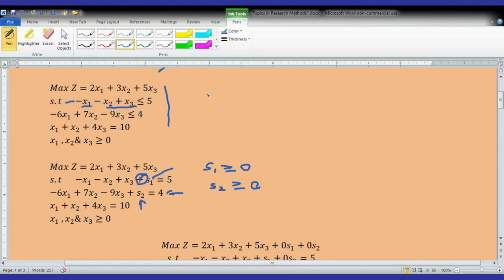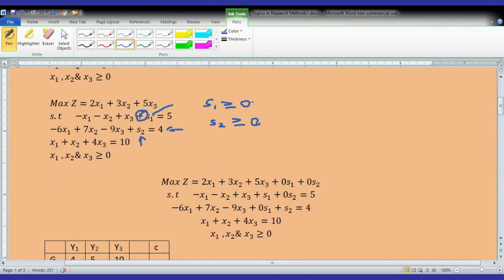So for example, if 4 is the left hand side, this means that there is a slack of 1 unit under utilization. So this is the concept with which the term slack goes.